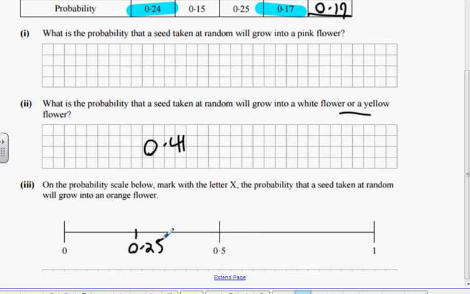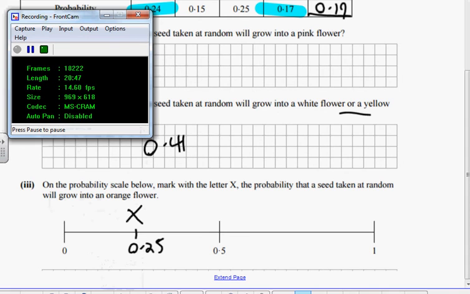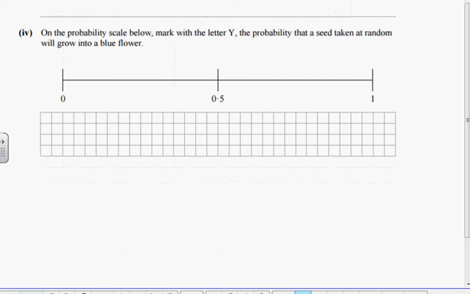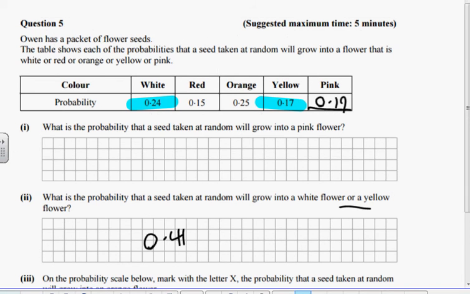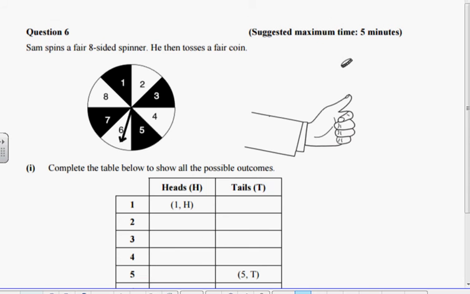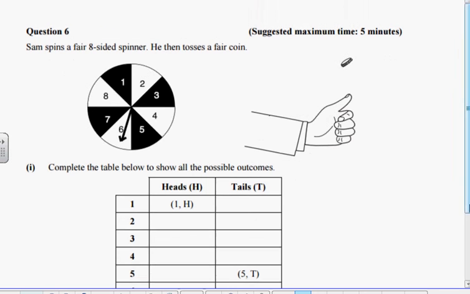So use an X. I did question 5 as a fraction. Grow into a blue flower? There are no blue flowers. No chance.